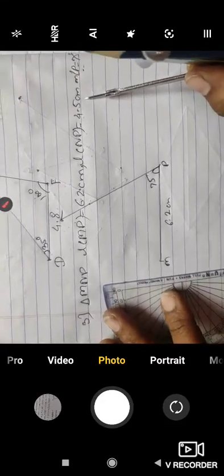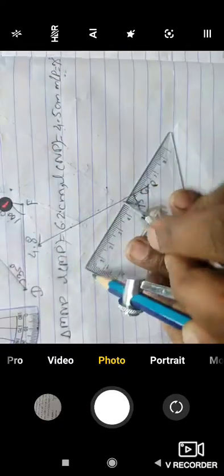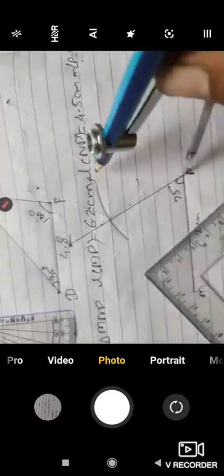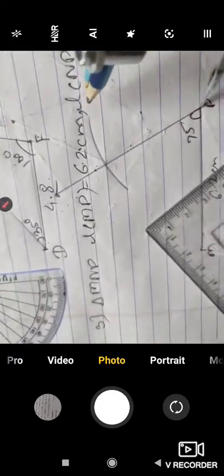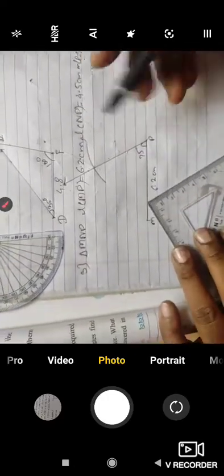Now you will have to take the 4.5 distance in your compass. How much? 4.5 distance in your compass. So here it is, my 4.5. Take a distance of 4.5 in the compass and draw the arc from P, which cuts the ray.